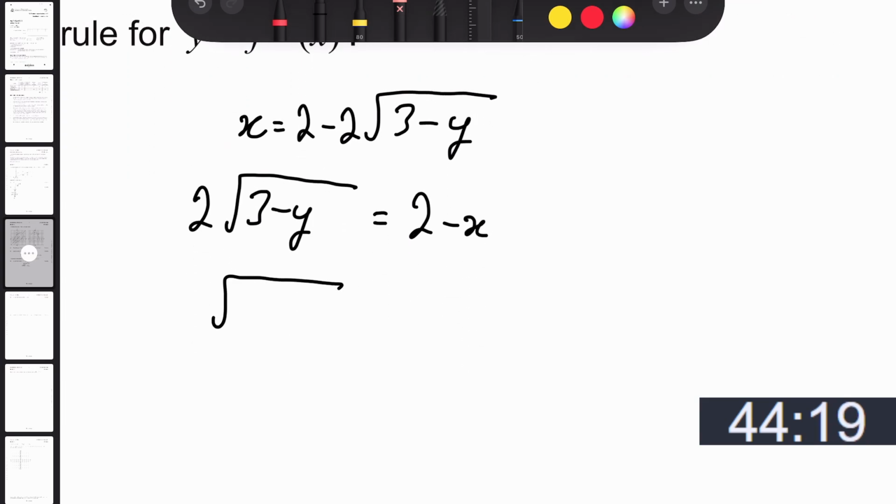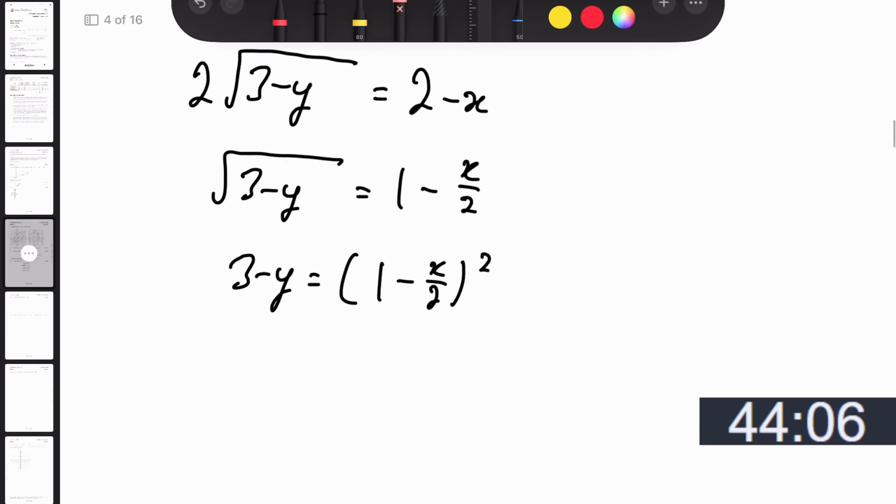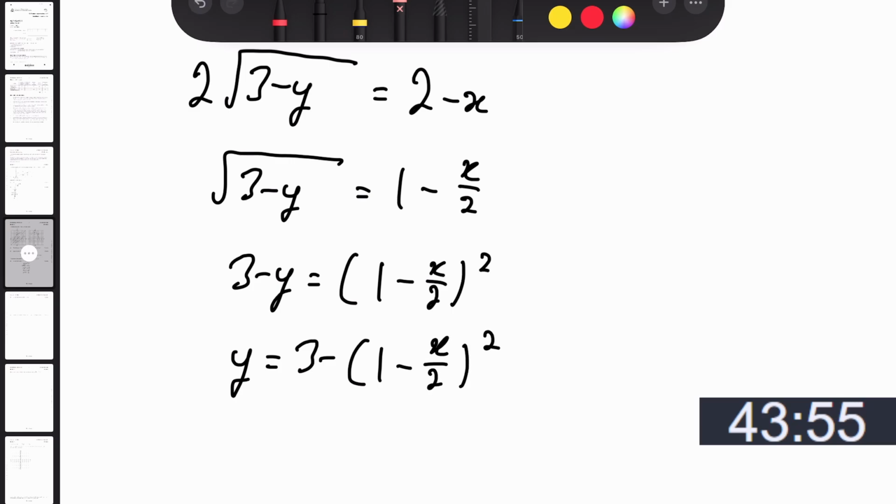Divided all by 2, we have that 3 minus y is going to equal 1 minus x on 2. So we have 3 minus y is going to equal (1 minus x on 2) squared. So then y is going to equal 3 minus (1 minus x on 2) squared.